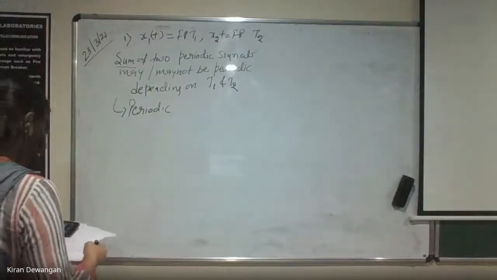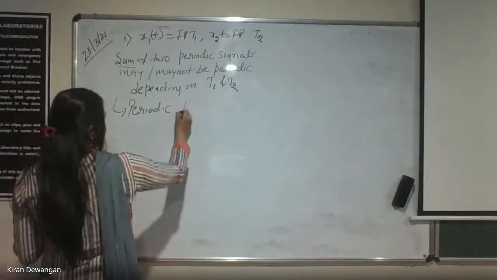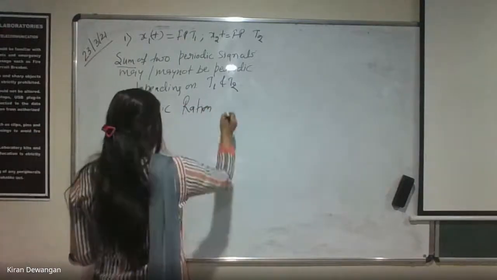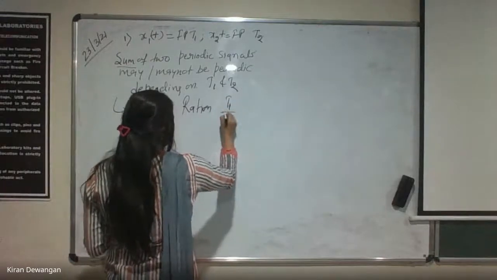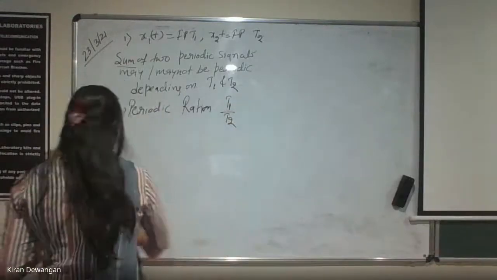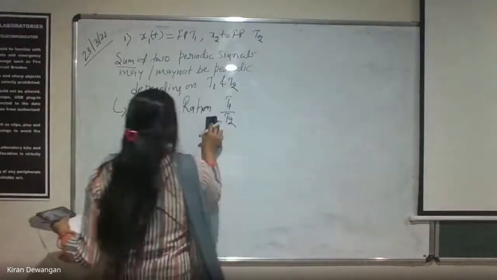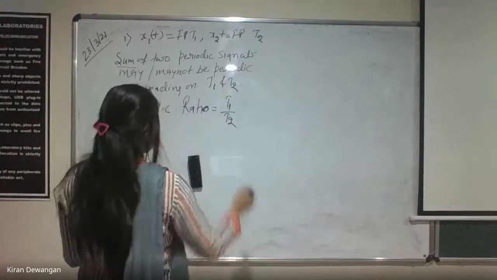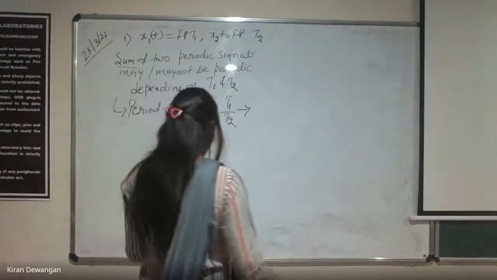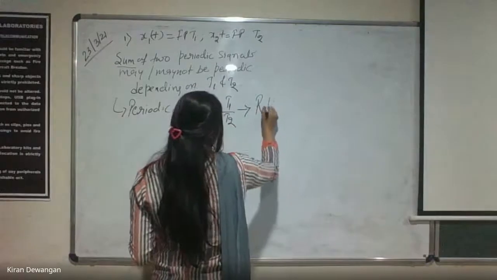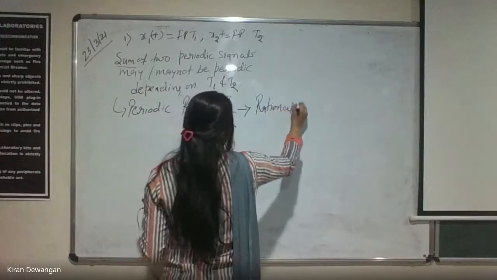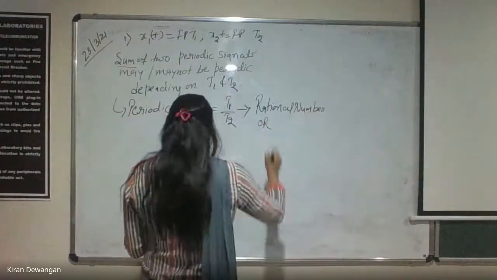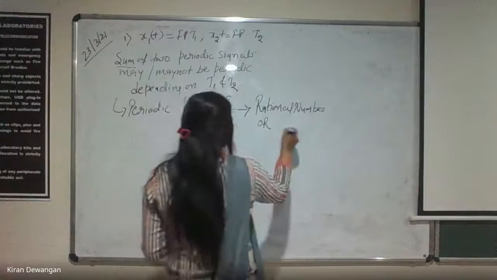For the signal to be periodic, the ratio of the periods, that is T1 by T2, has to be a rational number, or the ratio of two integers.